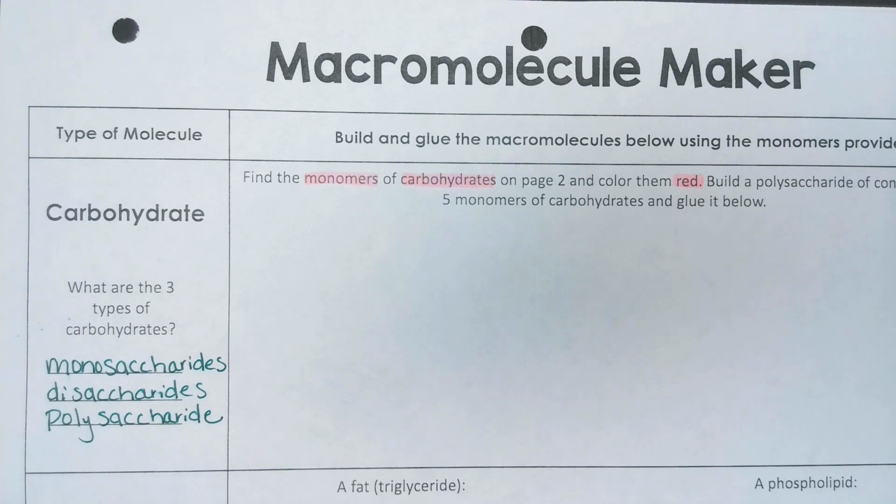So while we cut these out, let's review the elements that comprise carbohydrates. Do you remember what those are? It's going to be carbon, hydrogen, and oxygen. And remember, your carbohydrates include breads and pastas and simple sugars like the sugar found in candy and fruit.